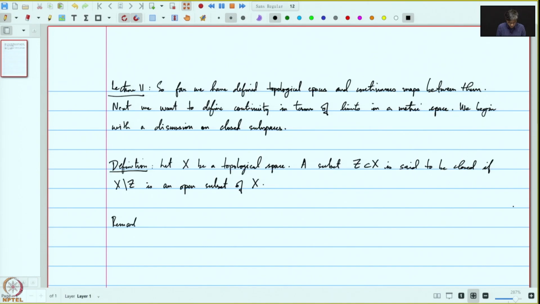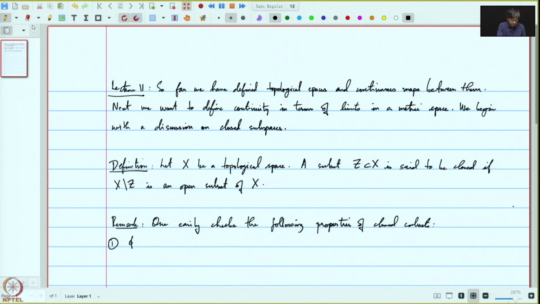So let's make a remark. One easily checks the following properties of closed subsets. These follow from the definition of a topology. So the first property is that the empty set phi and the full set X are both closed.